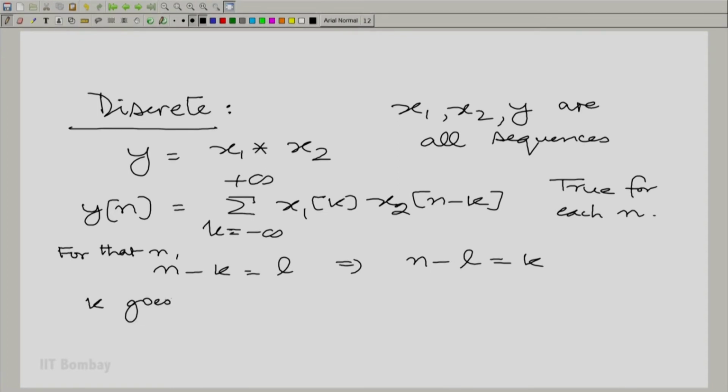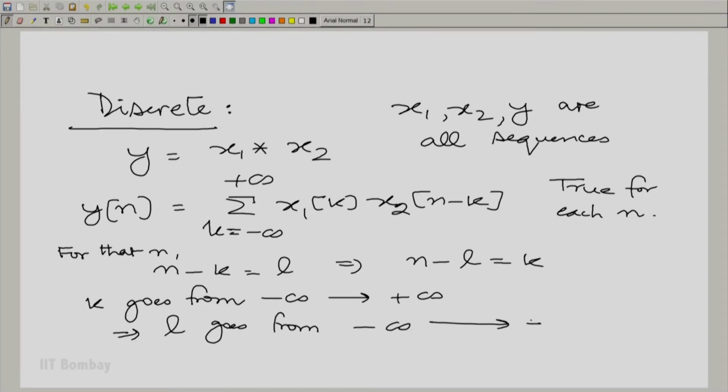And when k goes from minus to plus infinity, then L also goes similarly. And therefore, in the summation, we could replace k by n minus L, and we could replace n minus k by L. And there we are.